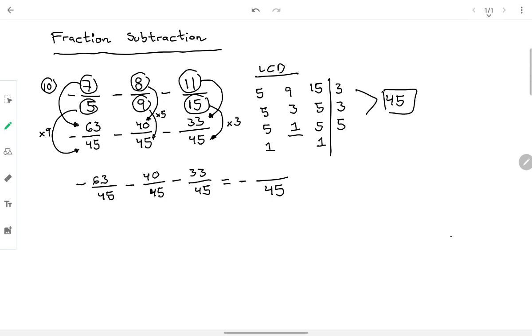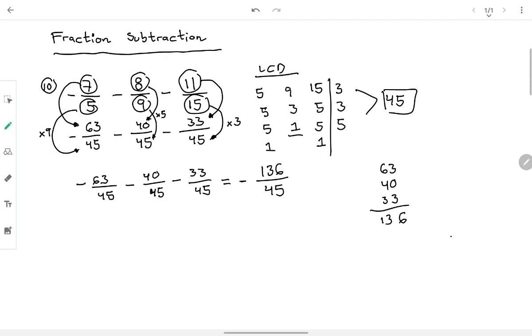So we need to see how many we have of the negative numbers, in this case 63, 40, and 33. So we will get 136 in this case. We will need to look if this fraction is simplifiable.